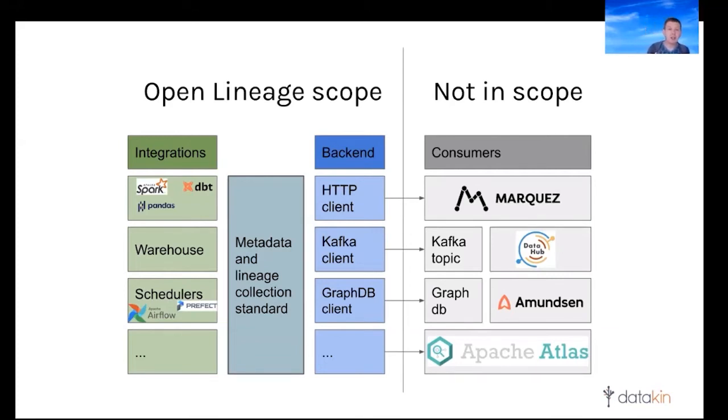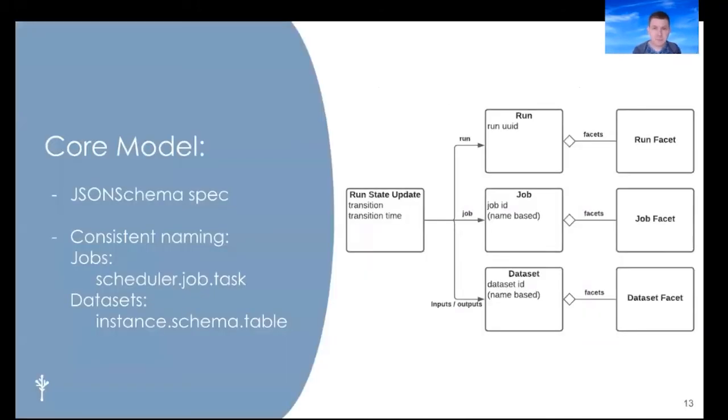It's really focusing on standardizing the metadata, enabling the integration, and having a generic backend that can send those events. It's not focusing on storing the data or leveraging the metadata, things that the Marquez project or things like DataHub, Amundsen, Atlas, Egeria might be interested in.